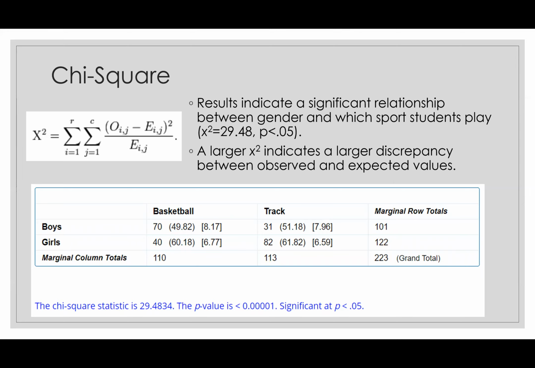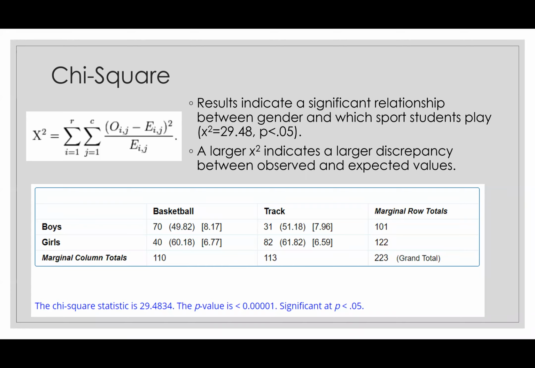And then we can see a similar style or formula for the output for track, right? 31 boys actually participate in track, and assuming no relationship between gender and sport, you would assume about 51 boys run track. And assuming no relationship between gender and sports, you would assume that about 62 girls run track, when actually 81 girls run track.